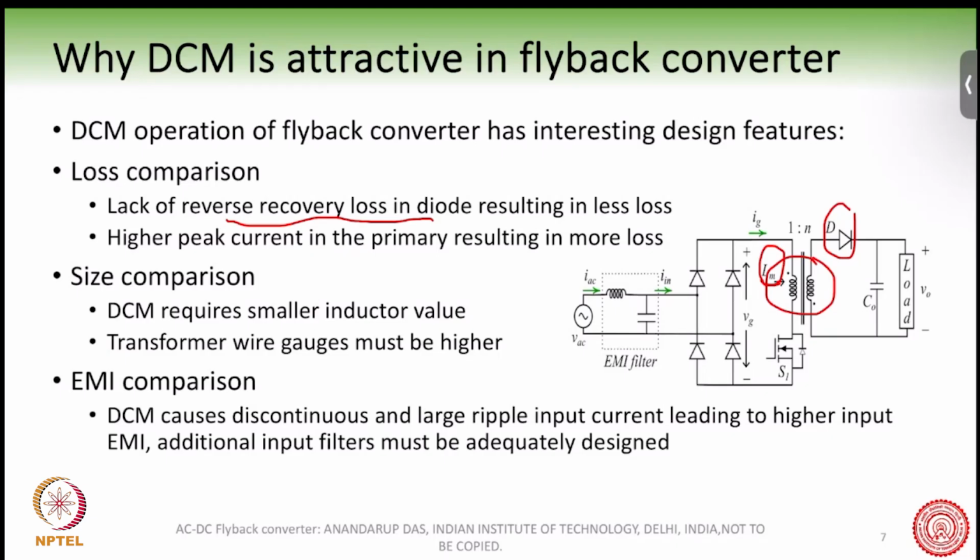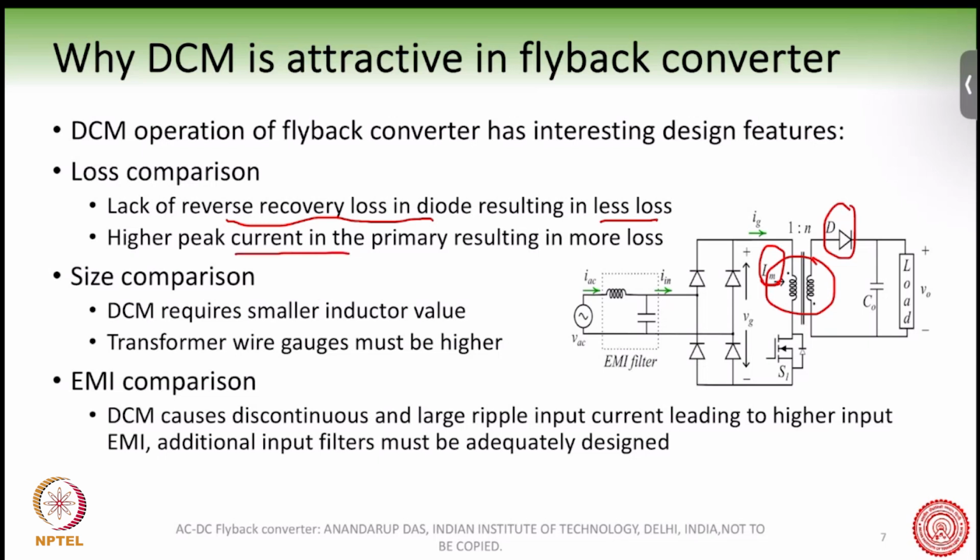So therefore, there is no reverse recovery loss in the diode, and so there are fewer losses in it. This has been reported in many applications, that the losses in DCM operation are lower as compared to CCM operation. So this is the advantage.